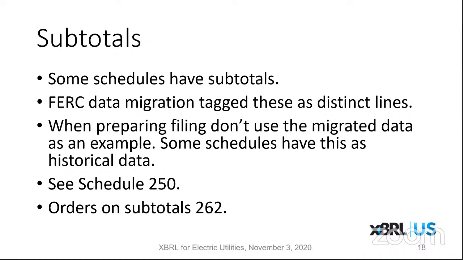So when you're looking at the software you want to use and they're saying, oh, it's very generic, be aware that some of these schedules aren't generic. You just can't have a whole list of sequence items. Sometimes some of these subtotals are going to have to be reported with the different axes. Examples of this are on schedule 250, for example. And these slides will be available so you can go and have a look at those. If we go to the next slide.